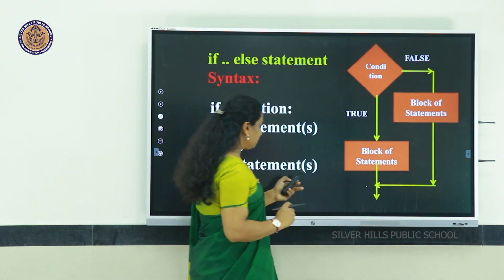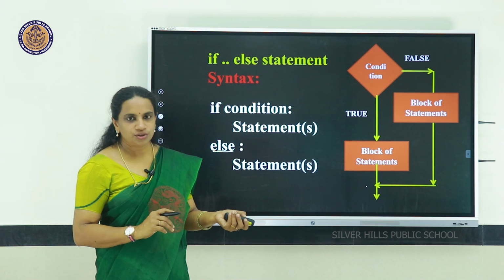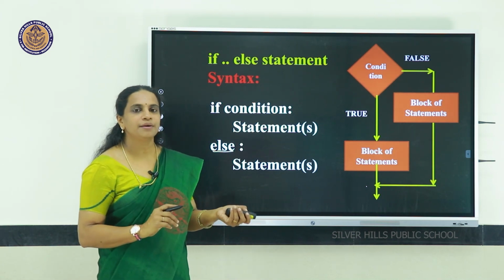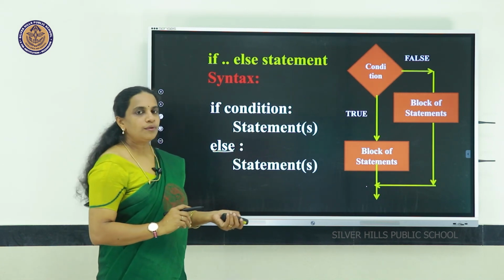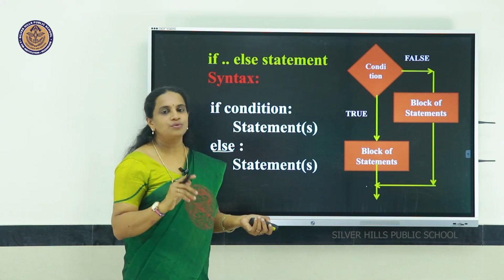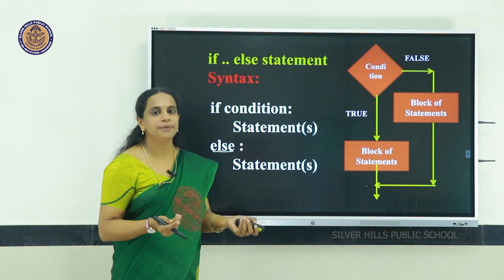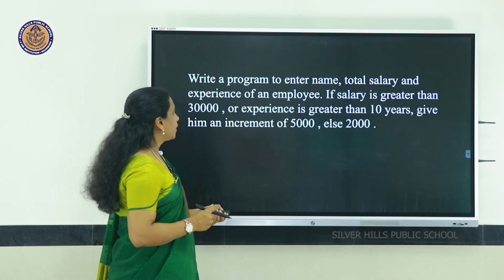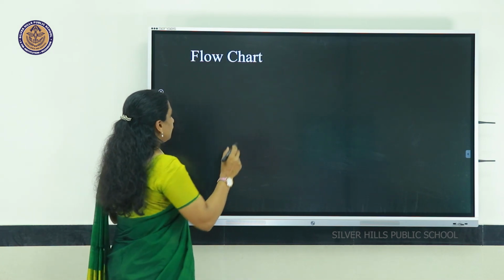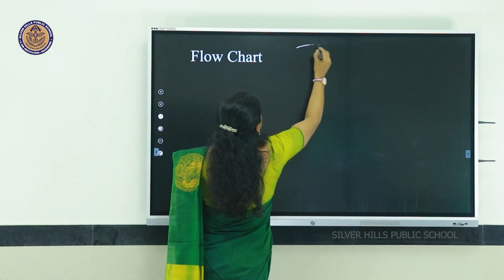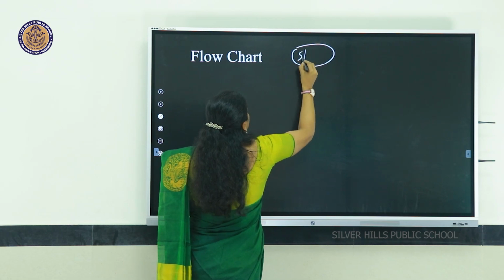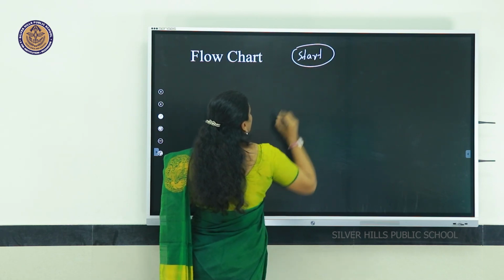Okay. One simple example: suppose that you want to find the biggest number among 2. I will show you how to draw the flowchart and how to write the program for finding the biggest number. Now, for example, you can start to find the biggest among 2 numbers.